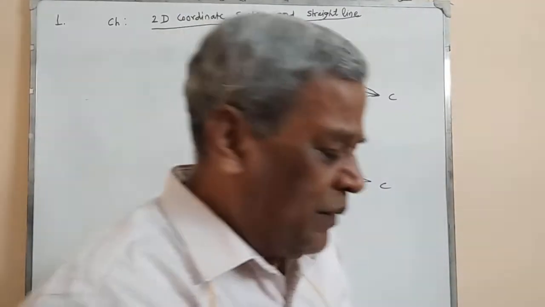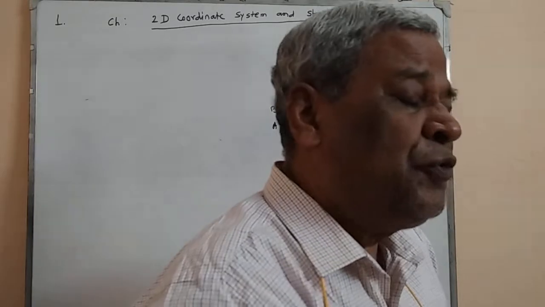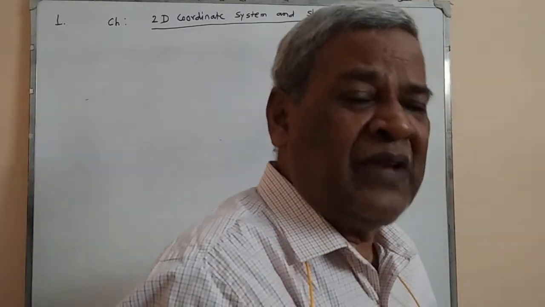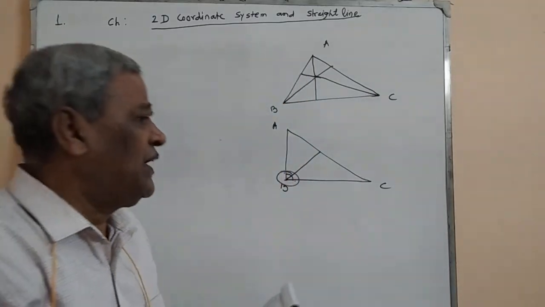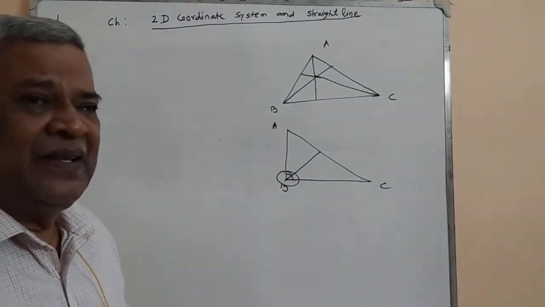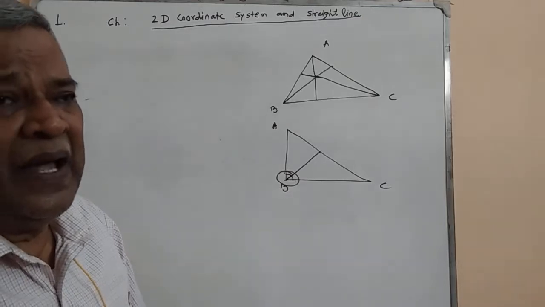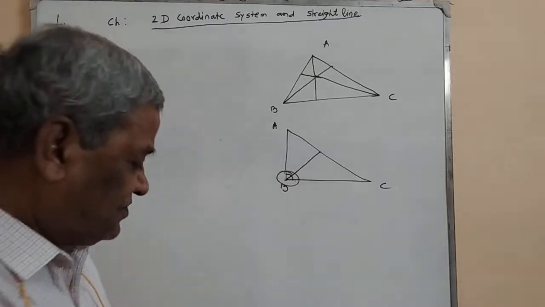Anyway, it's a very important result. For any triangle which is right angled, its orthocenter is always the vertex containing the right angle.